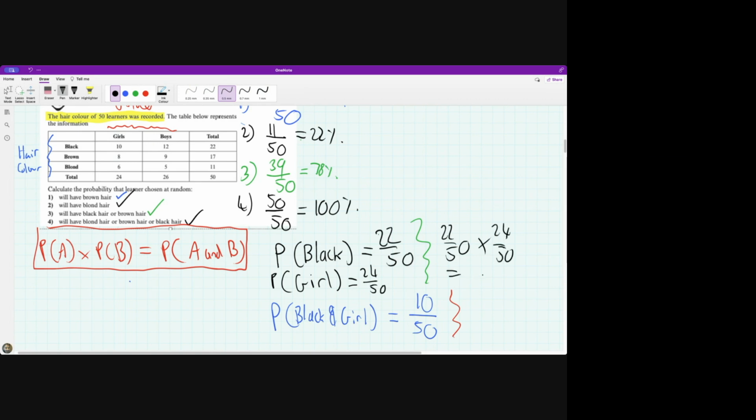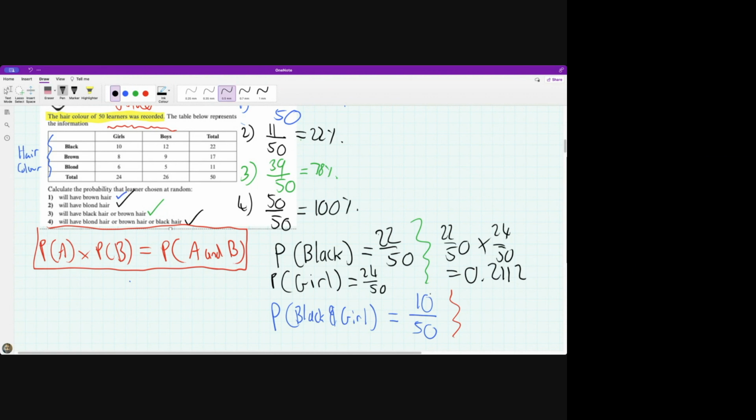What does that give me in decimal land? Let's do it together. 22 over 50 times 24 over 50. I'm getting 0.2112. Callan agrees with me.